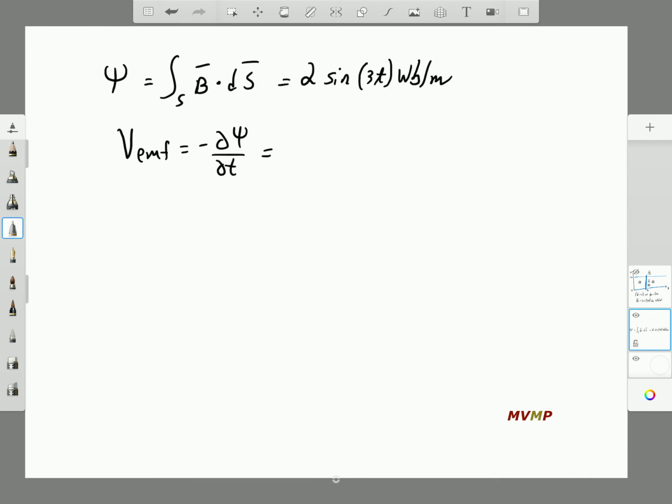So we take the derivative of 2 sine 3t, which is going to be just cosine, so the negative sticks around, it will be 2 cosine 3t times the derivative of 3t, which is 3. So then we just get total induced EMF of negative 6 cosine 3t volts.